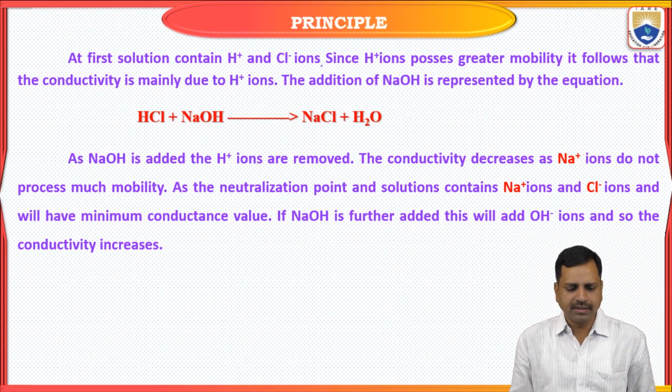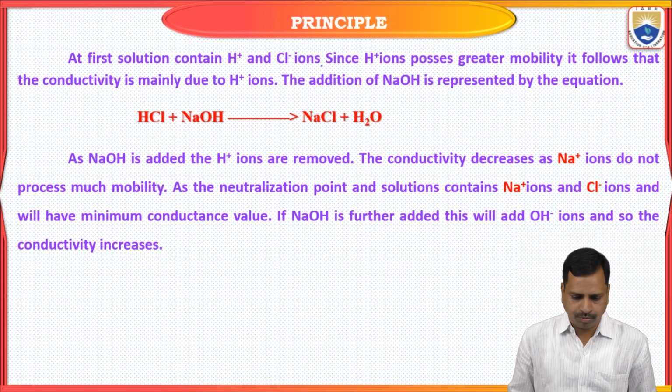As NaOH is added, the H plus ions are removed. The conductivity decreases as Na plus ions do not possess much mobility. At the neutralization point, the solution contains Na plus and Cl minus ions and will have the minimum conductance value. If NaOH is further added, the increase in conductivity is because of OH minus ions.